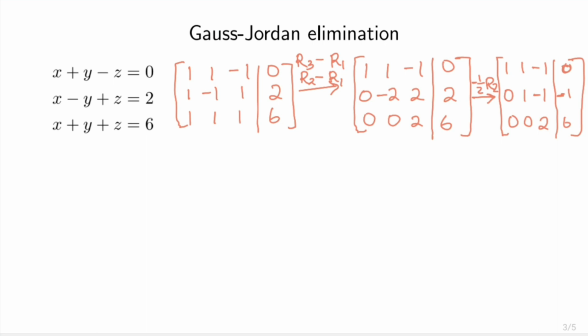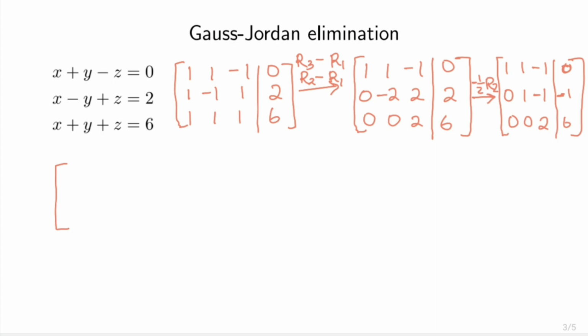So what do we want to do? We want to use this leading entry, this 1, to eliminate everything in this column, everything in that column. So wherever we have something that is not 0, we want to get rid of it. And that's what we're going to do. So let's see how we can do that.